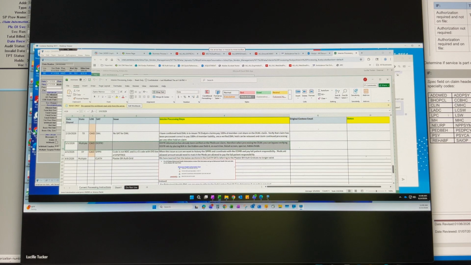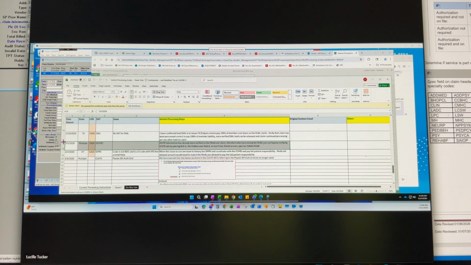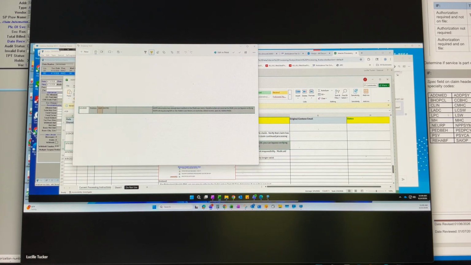Okay, so if you are working a dual, and it is holding for this DOFRC, this is what we are going to do. And this is from the interim process.